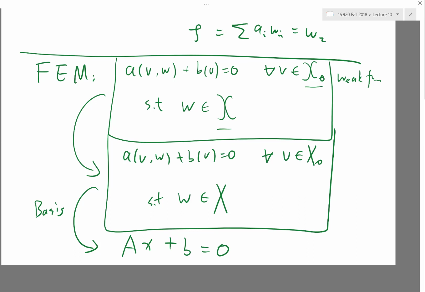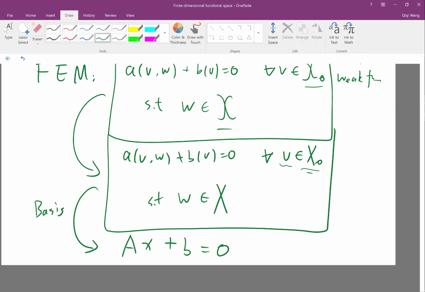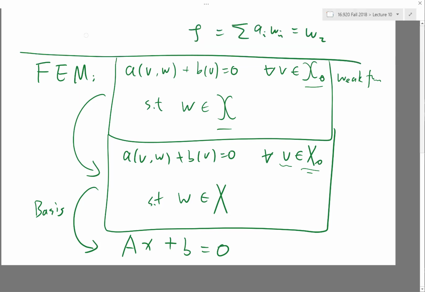One thing is that it represents v. It can represent any v as a linear combination. So the notion of any v within X0 is basically saying any A1, A2, etc., An that makes v equal to the summation of Ai Wi, right?